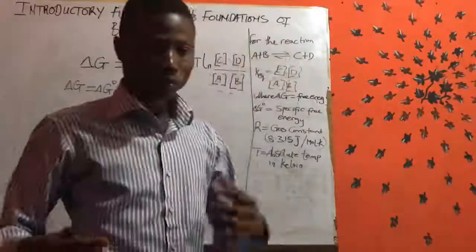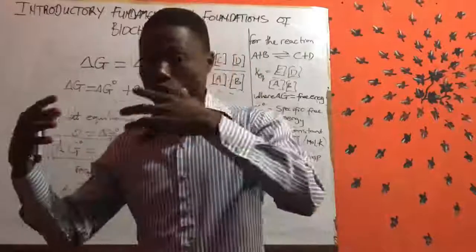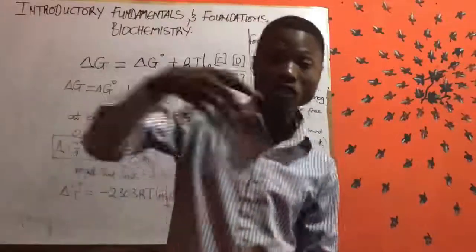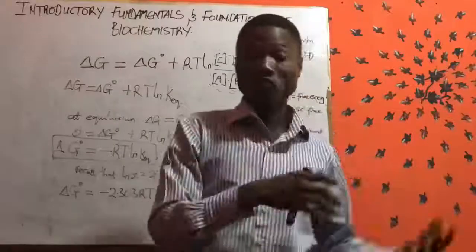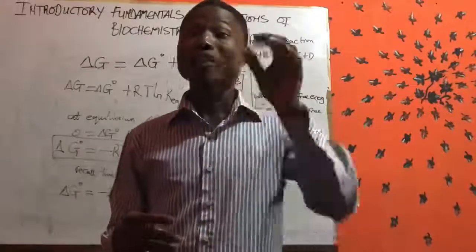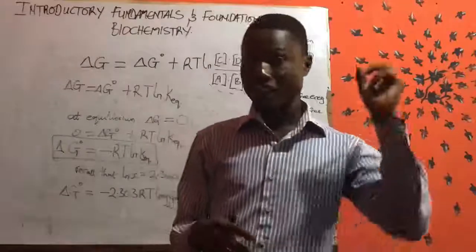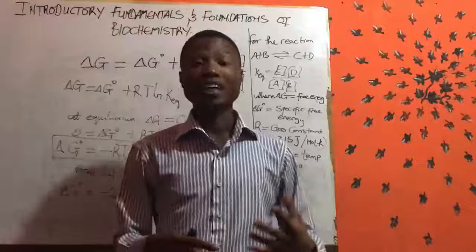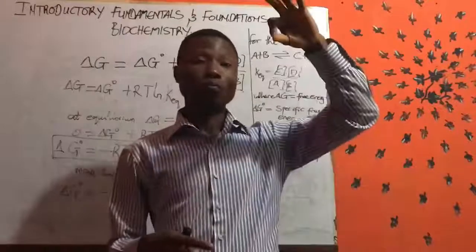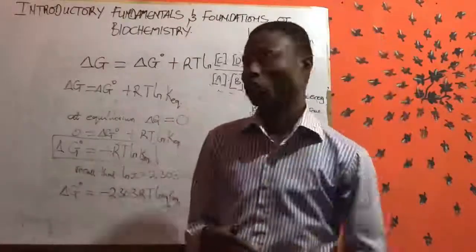Okay, so having said that, that reaction that reduces entropy, that reduces disorderliness, is not thermodynamically favorable, and that's the reason I said earlier on that such reaction is not thermodynamically favorable, and it has a positive, large free energy change.